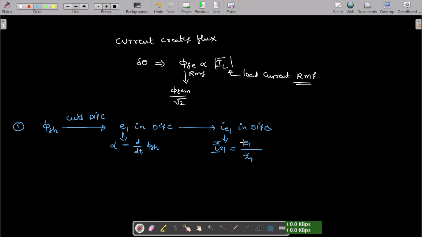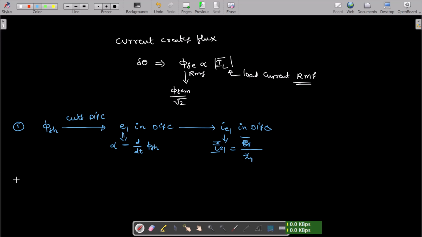So IE1 and E1 phasor, and we can convert them into time varying. So that is the impedance of that disc. So this phi SH is creating E1 in disc, and E1 is creating IE1 in disc.